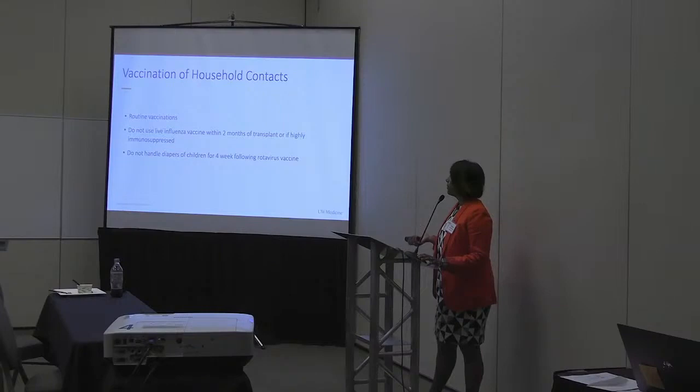And then the rotavirus vaccine, if there's a child in the home, that is a live vaccine, and so not handling the diapers of the kid post-vaccine, because that could also be a risk to the immunocompromised adult.